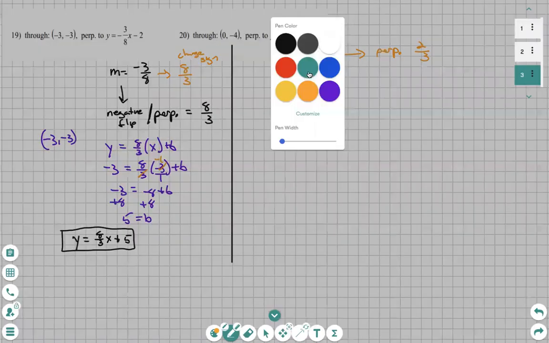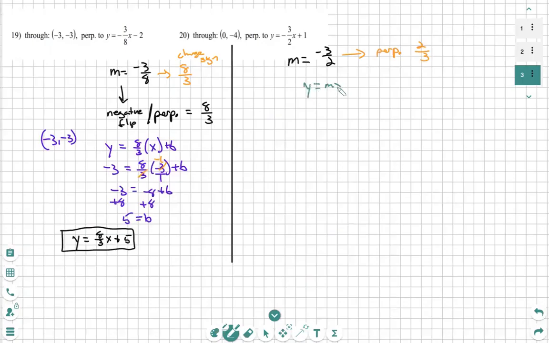We then plug it into y equals mx plus b. y equals 2/3x plus b. And we use the point 0, -4 to plug in. -4 is equal to 2/3 times 0 plus b. -4 is equal to b since that is equal to 0. Rewrite y equals 2/3x minus 4.